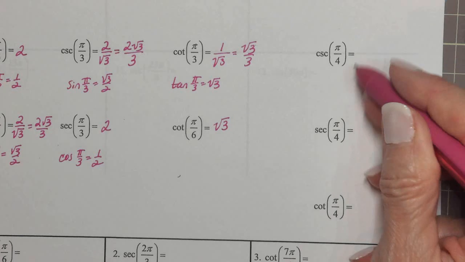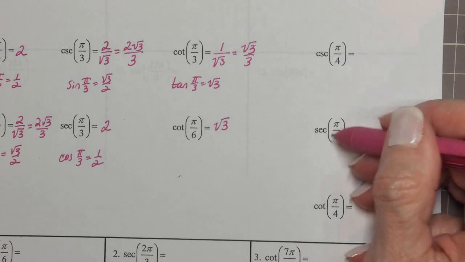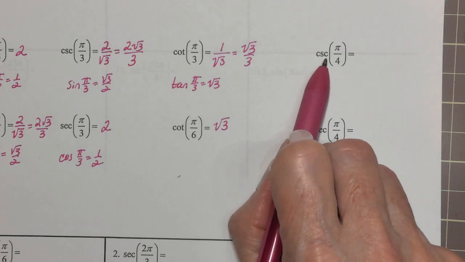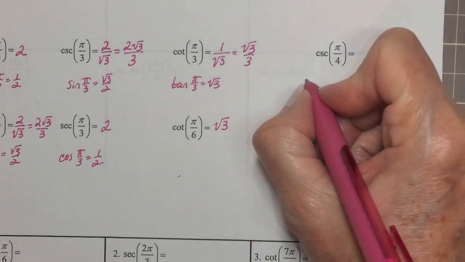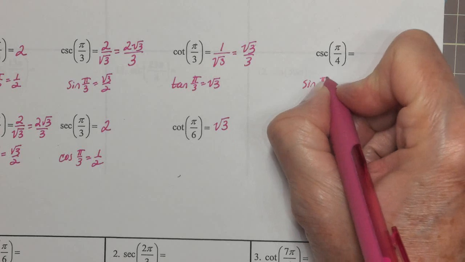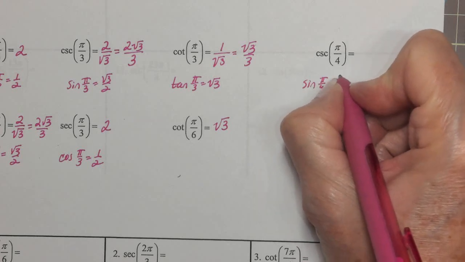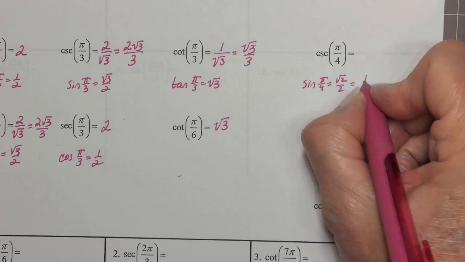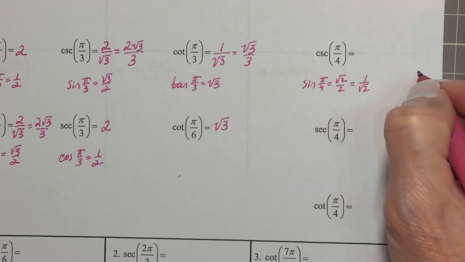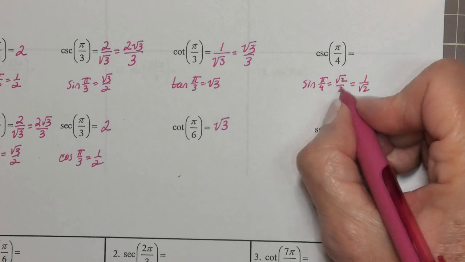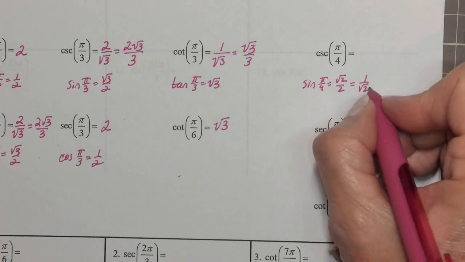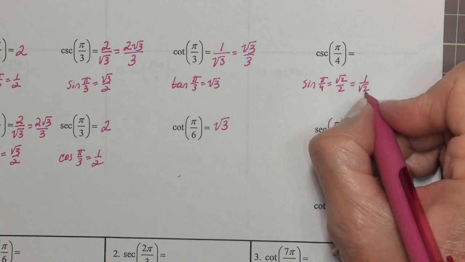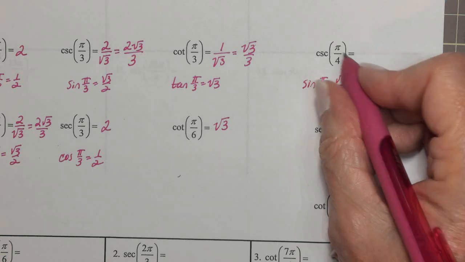Okay, let's come and do the pi over 4s. Cosecant, secant, and cotangent. Cosecant of pi over 4. Well, sine of pi over 4 is square root 2 over 2. But remember where that came from. That came from 1 over square root 2. That's what we got square root of 2 over 2 when we rationalized. So sine of pi over 4 is 1 over square root 2, which is more convenient to flip.